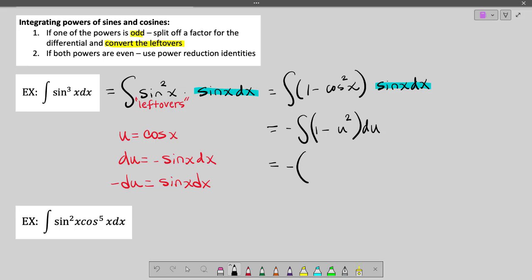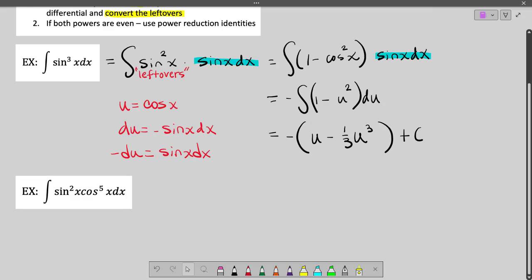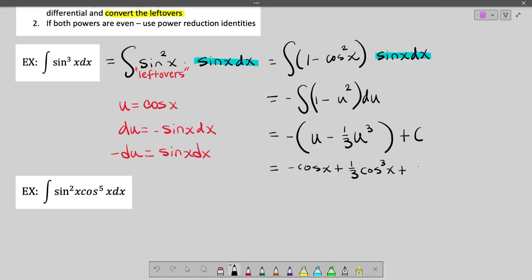So we have minus, we integrate in here. And then we add a constant of integration. And the last step is to back substitute, get back to cosine, and I'm going to distribute this minus sign. So we're going to end up with minus cosine of x plus 1/3 cosine cubed of x plus c.